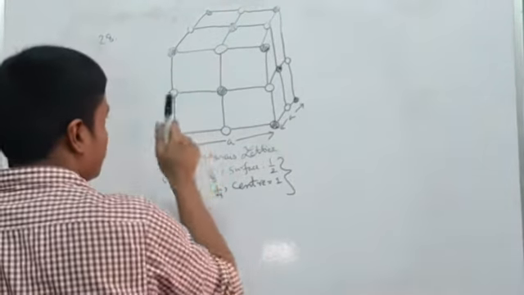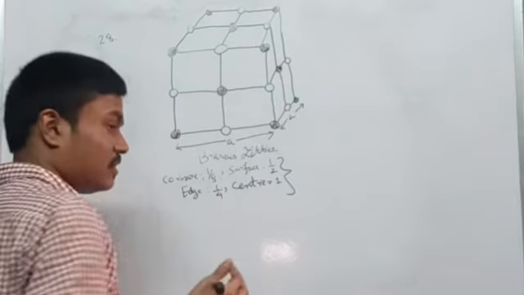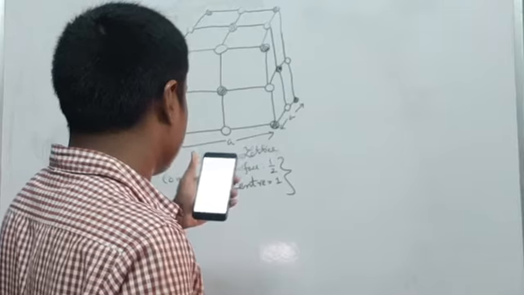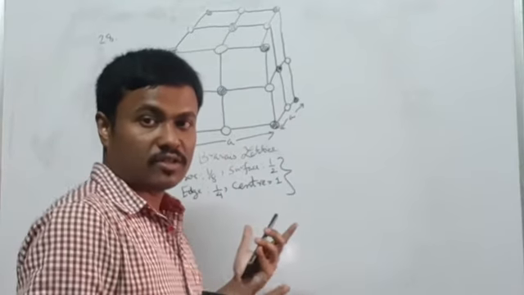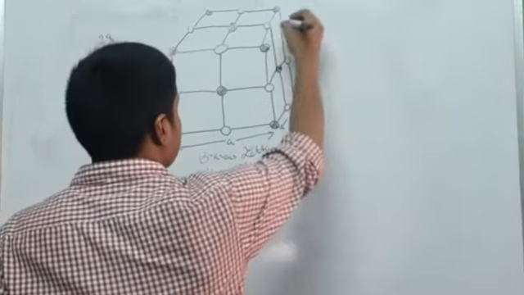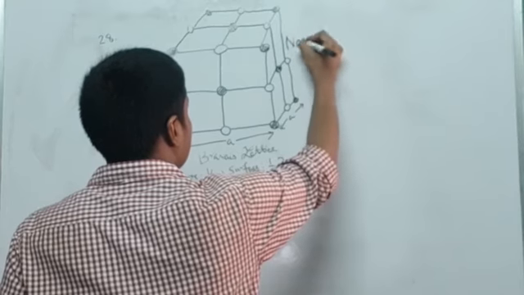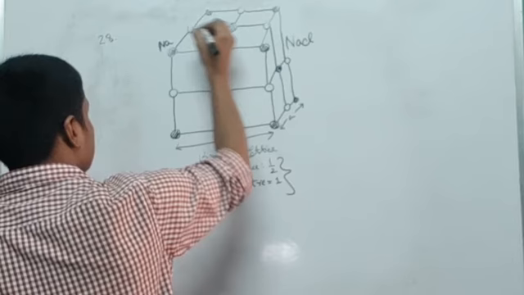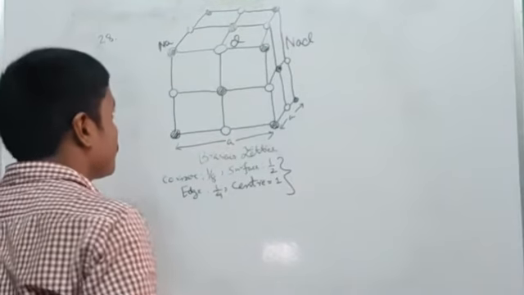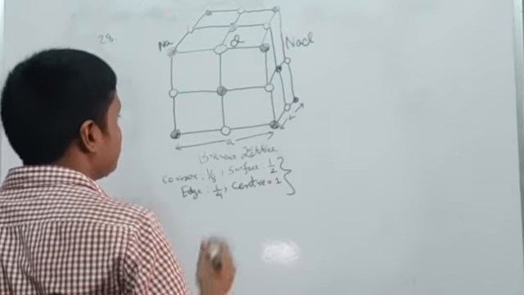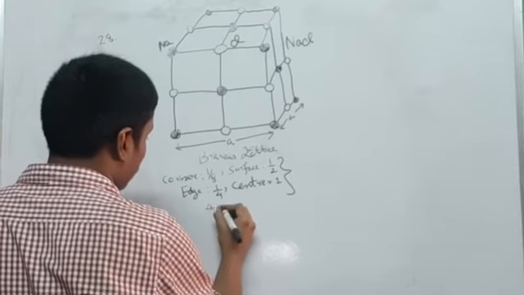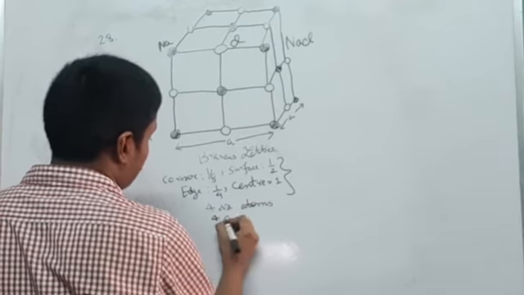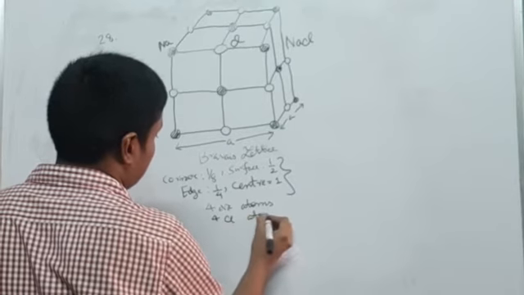If you recall your elementary solid state physics course, there is a structure which looks exactly like this, and that is the structure of NaCl. You can consider these to be the Na atoms and these to be the Cl atoms, and you see that each cell has exactly 4 Na atoms and 4 Cl atoms.